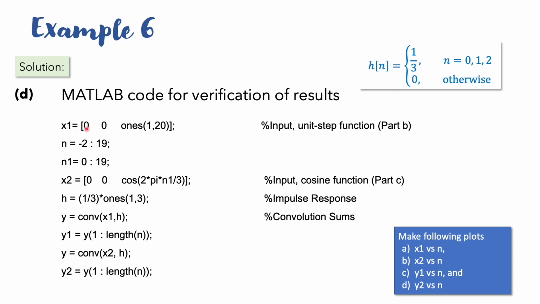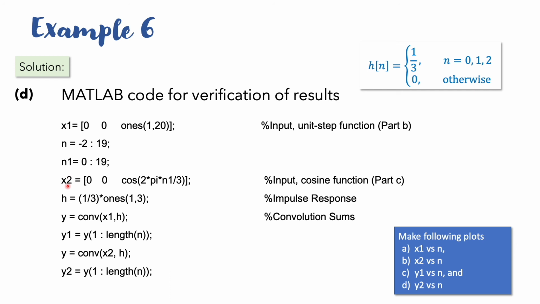Before this, all zeros. And this n is actually the x-axis of the plot, where it will start from -2 until 19. So it means that it has 22 points: 0 until 19 is 20, and -1, -2, so 22 points. These two are the padded zeros you can consider.